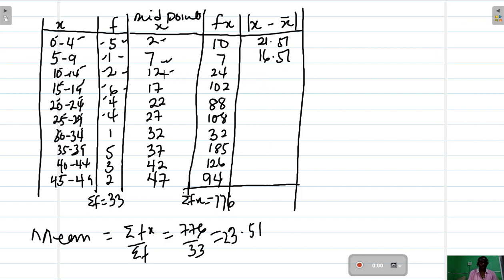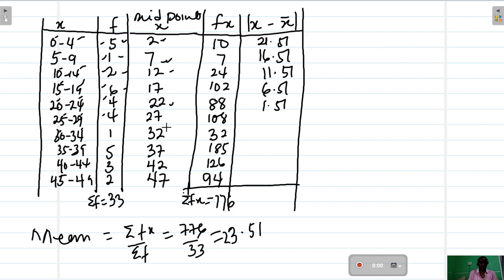Then again 12 minus 23.51 will also give us 11.51. Then 17 minus 23.51 will also give us 6.51. Then we come here, 22 minus 23.51 will also give us 1.51.